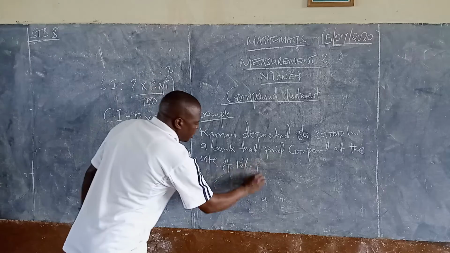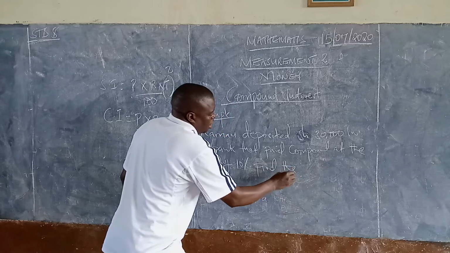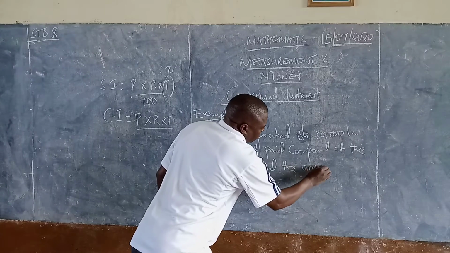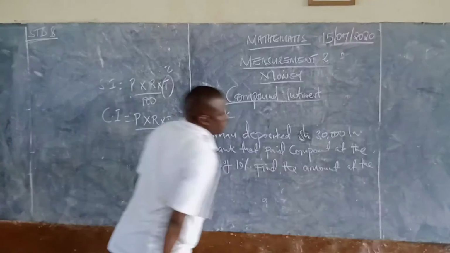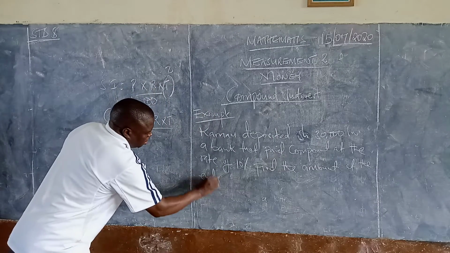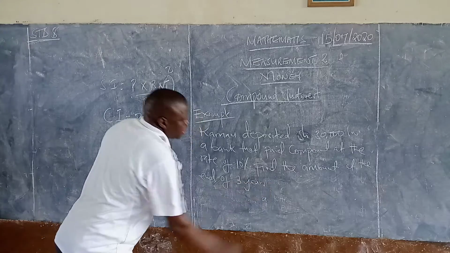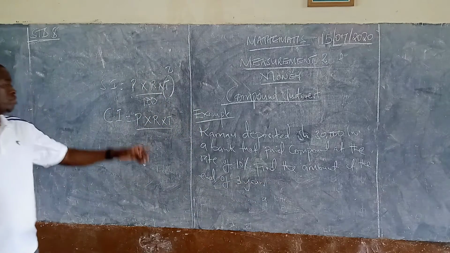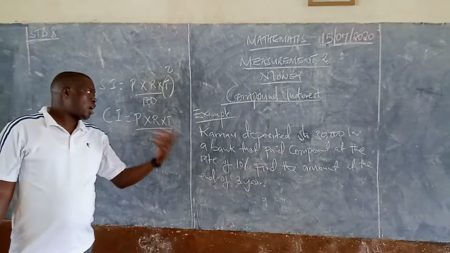So find the amount at the end of 3 years. When you talk of principal, it is the money that is deposited in an account.